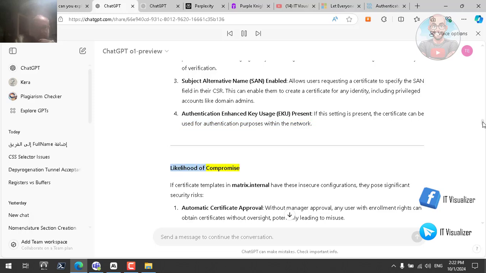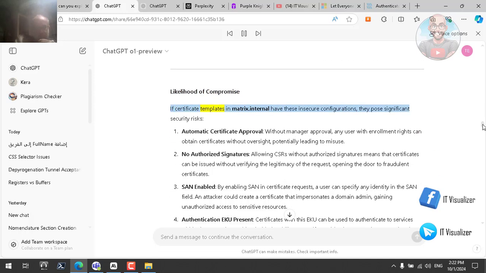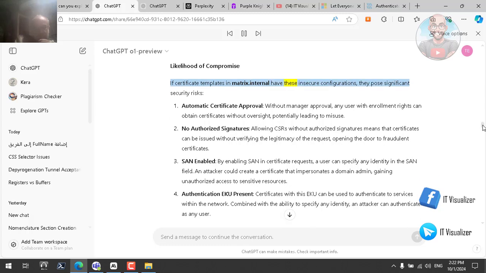Likelihood of compromise. If certificate templates in matrix.internal have these insecure configurations, they pose significant security risks. Automatic certificate approval. Without manager approval, any user with enrollment rights can obtain certificates without oversight, potentially leading to misuse. No authorized signatures. Allowing CSRs without authorized signatures means that certificates can be issued without verifying the legitimacy of the request, opening the door to fraudulent certificates.